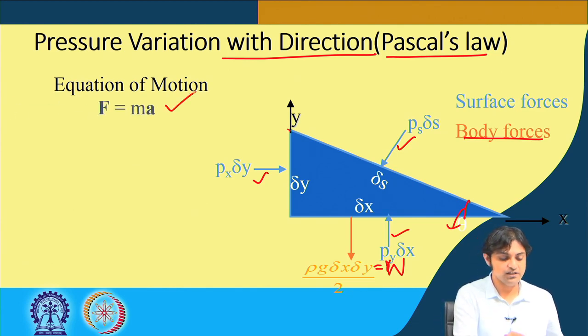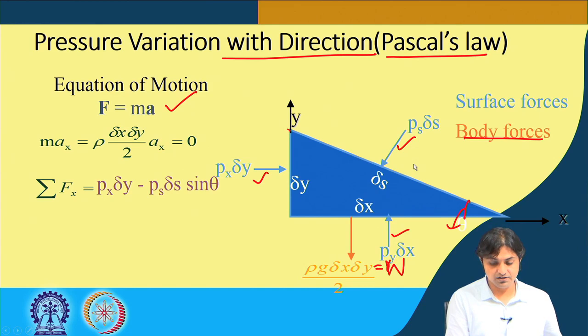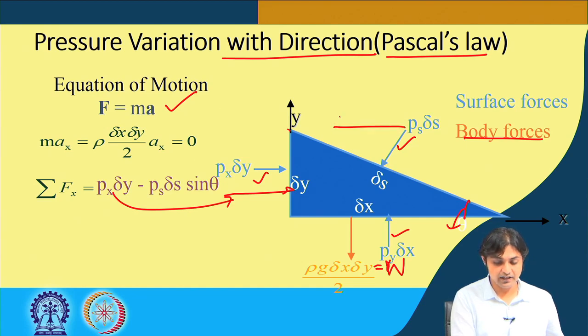Force is given by mass into acceleration. Mass is rho into volume, so rho delta x delta y by 2 into 1, into ax, and this should be equal to 0, right? The summation of the forces on this body in the x direction is going to be Px delta y, and there will be a component of Ps delta s, given by Ps delta s sine theta.